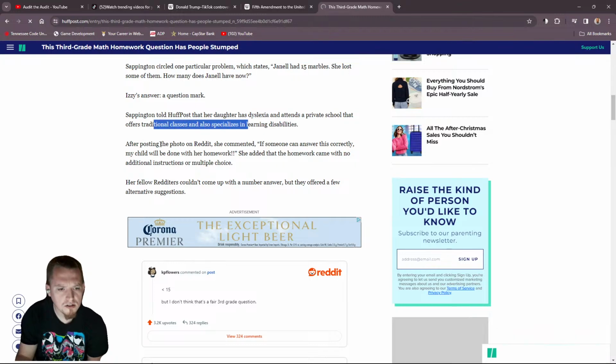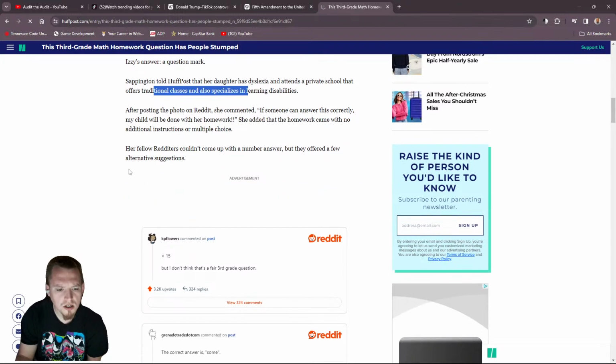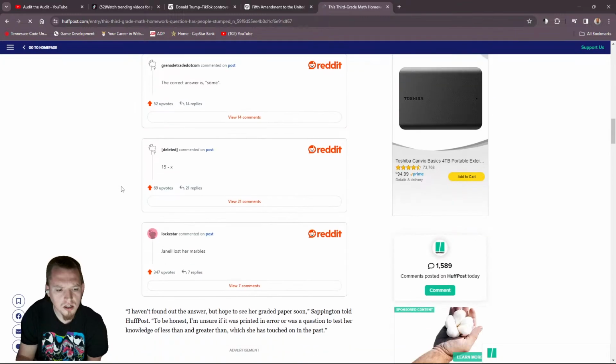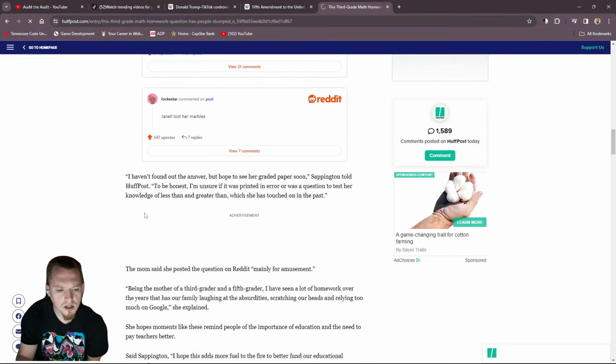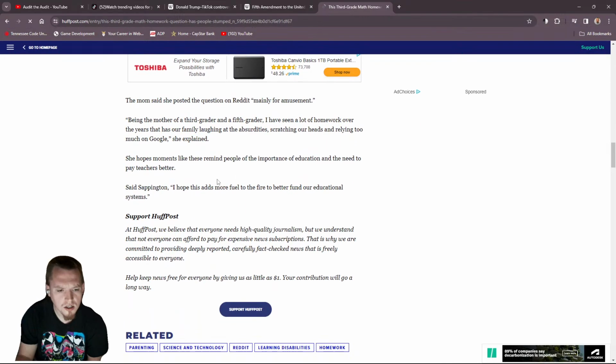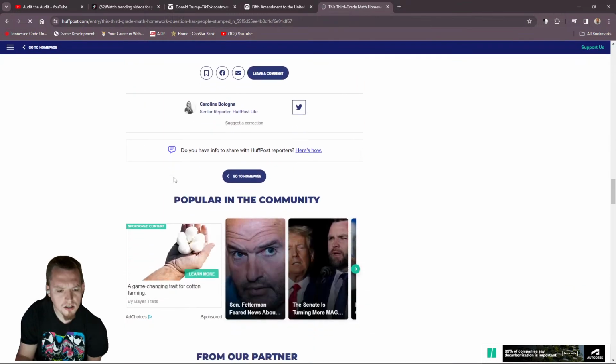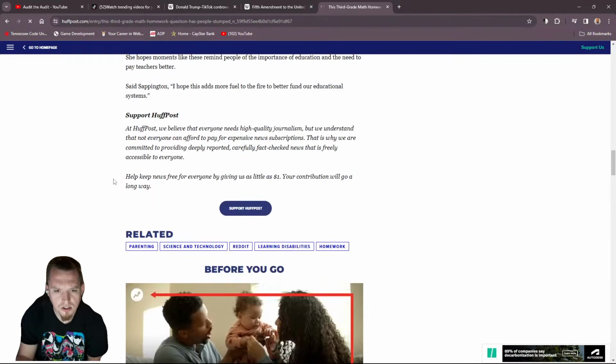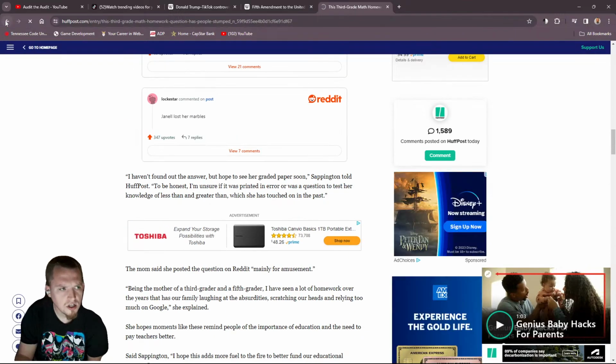Specialized learning disability after posting photos Reddit. Is this real? This is real? How is this real?